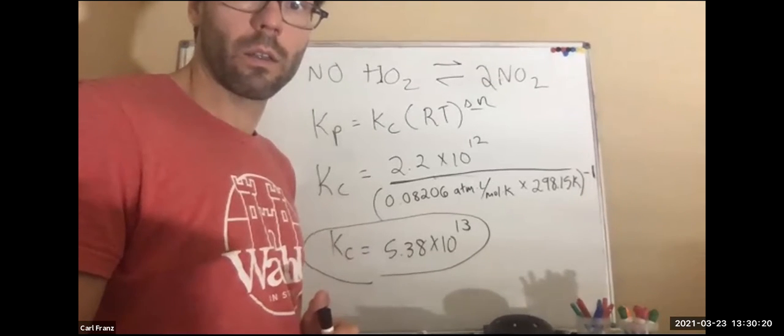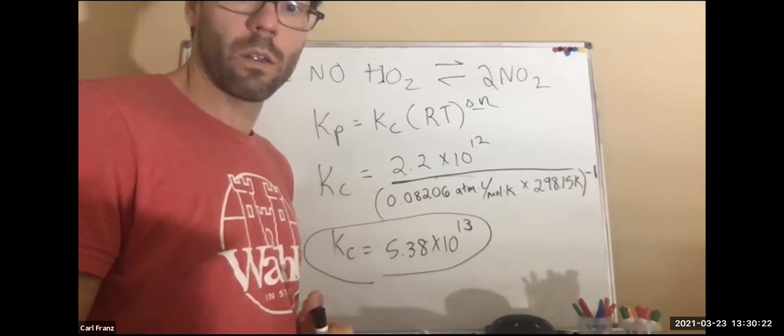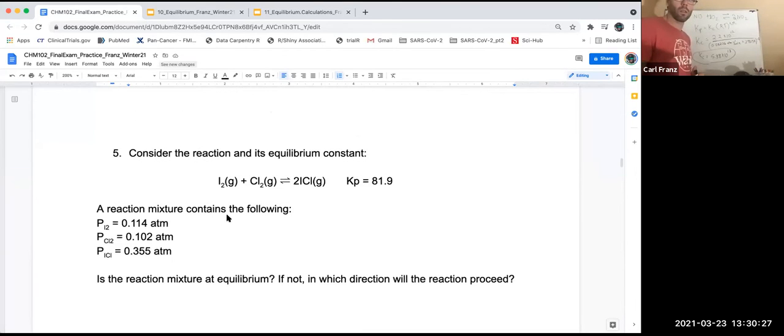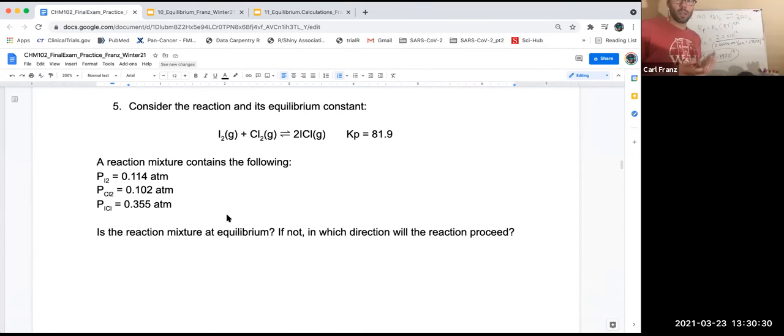All righty. So the next problem gives us this. Iodine and chlorine yields 2 iodochloride molecules. They give us the Kp, and they say that a reaction mixture contains the following concentrations. Is the reaction mixture at equilibrium?